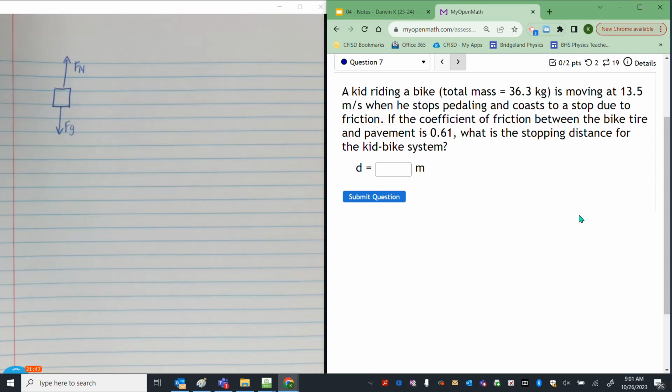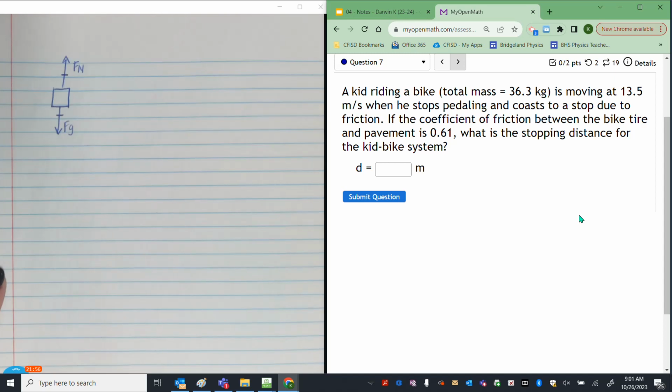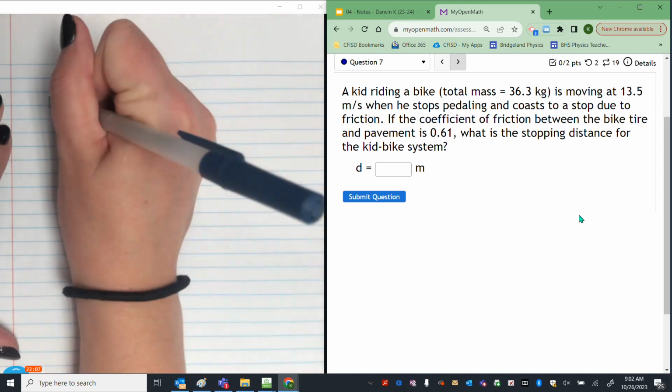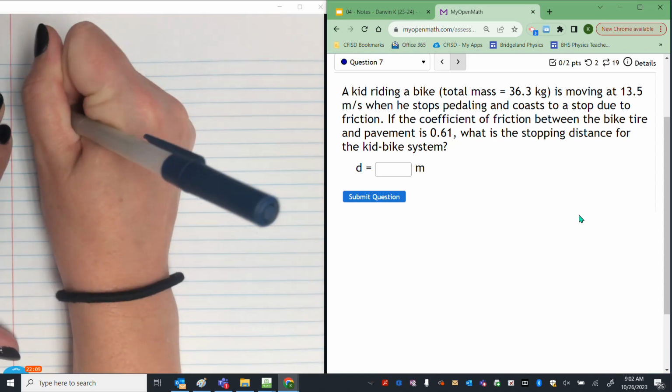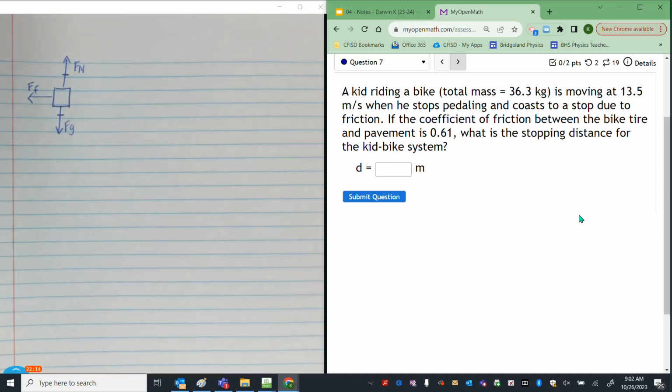I know that this bike is not accelerating vertically, it's just coasting to a stop along the roadway, so I know that these forces will be equal and opposite to each other. But I know there's friction because the question says so. It says that he's moving at 13.5 meters per second when he stops pedaling and coasts to a stop due to friction. So I know that friction's going to oppose his motion. Okay, and it talks about him moving in a positive direction, so I'm going to put my friction in a negative one. Okay, is there an applied force here?